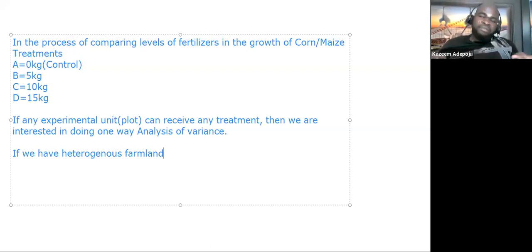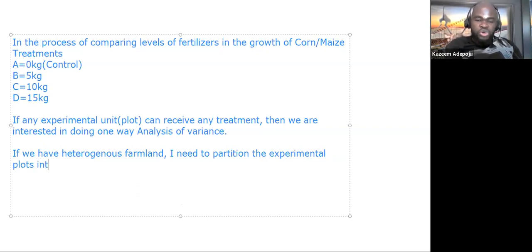In my farmland, if plots are heterogeneous in nature, what I'm going to do is partition the experimental plot into homogeneous units.